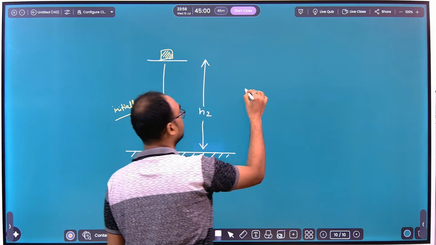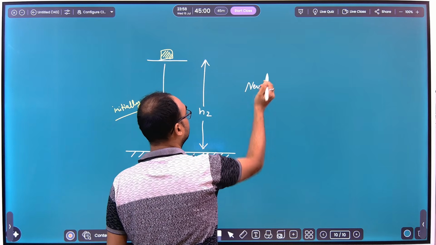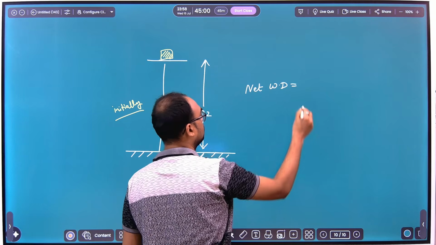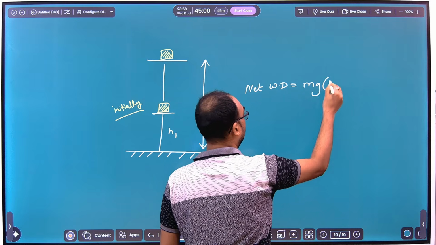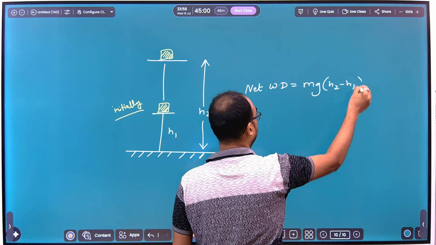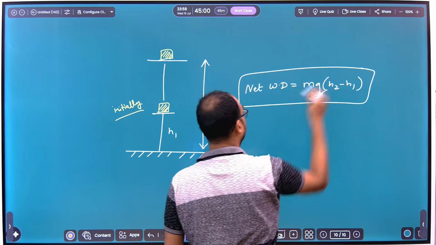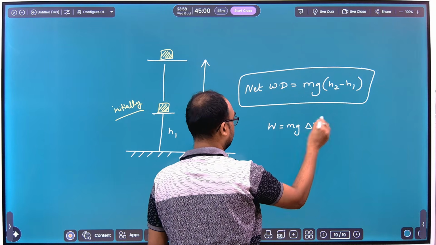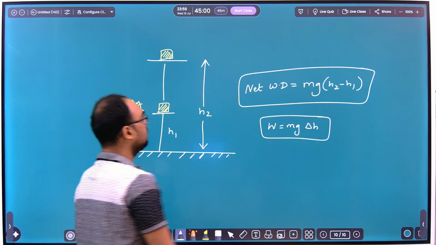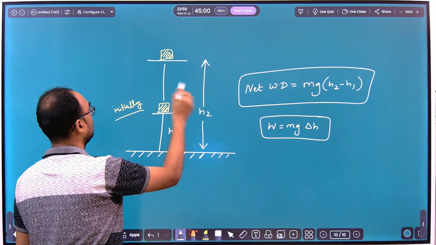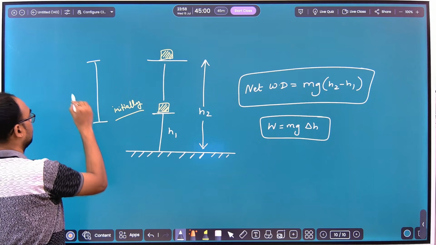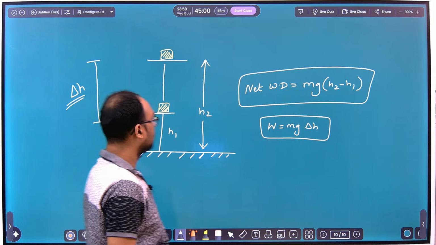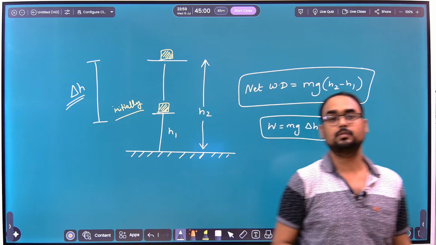So the net work done will be equal to mg times h2 minus h1. That is W equals mg delta h. The difference of height is your delta h.